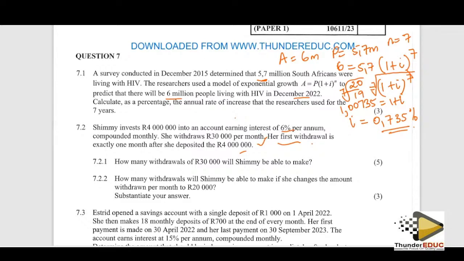With this kind of question, we're going to use the present value, because she's taking it out, more like a loan that she's paying back to herself. The P is our 4 million, our x is 30,000, our i is 6%. They want us to get the n.